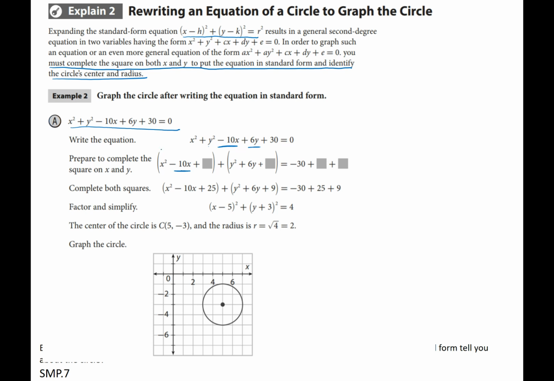At the same time they were doing that, they wrote the grouping and they added in their plus blank, just like we did when we were completing the square. And they moved this 30, the constant, to the other side. So they did that by subtracting. And remember, we have two blanks now on the left, so we're going to have two blanks on the right to fill in.